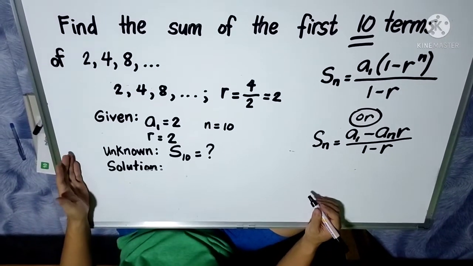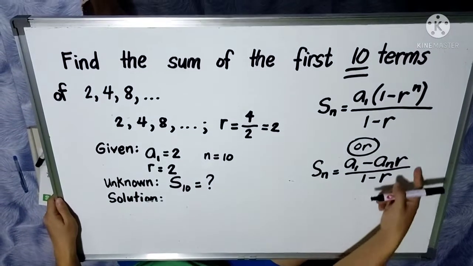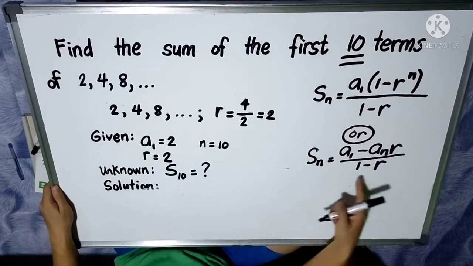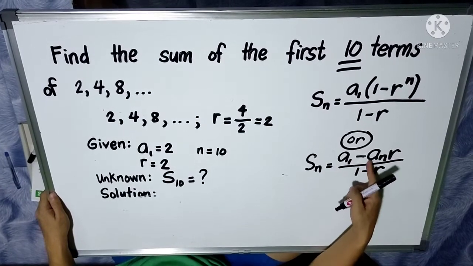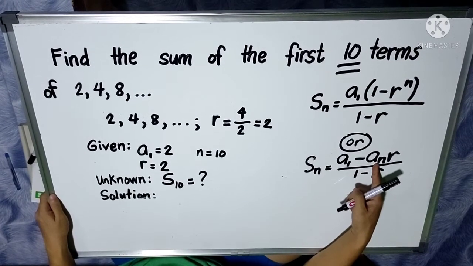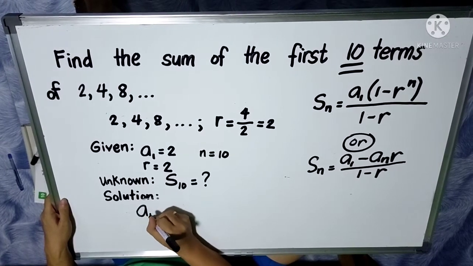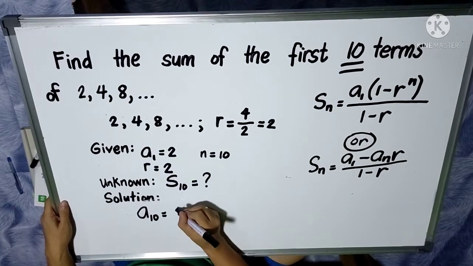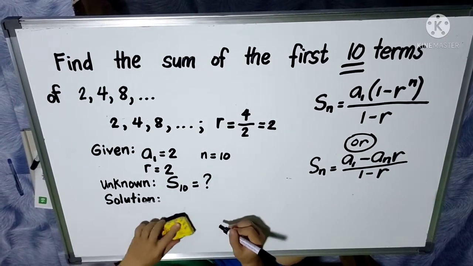Now I will be showing to you the process if you will be using the other formula. If you decide to use this formula, in this case, again, we don't have a sub n, so the first step is we need to solve for a sub n first. So a sub 10 is equal to, if you remember the formula, I'll be writing the formula first.